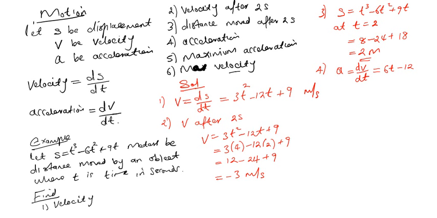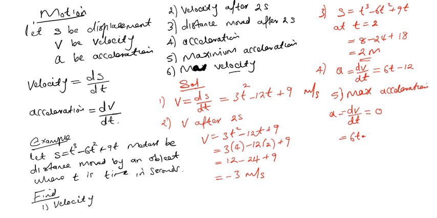So number 5, maximum acceleration is the derivative of v, which is equals to a, with respect to t equated to 0. Now we already have this guy, and this guy is 6t minus 12.